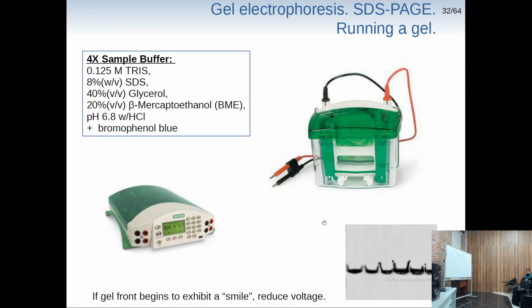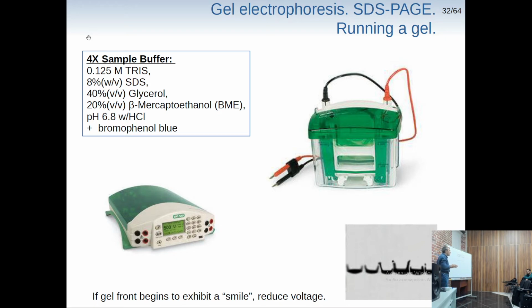So, the electrophoresis apparatus, which we use, there's a lot of different types of those apparatus, but what we need here is to use a special sample buffer for SDS-PAGE. We've already said that we can actually focus our proteins in a well. That's fine. But we still have some problems.